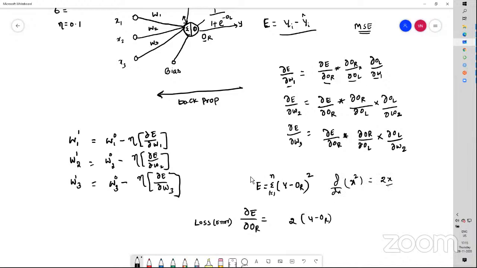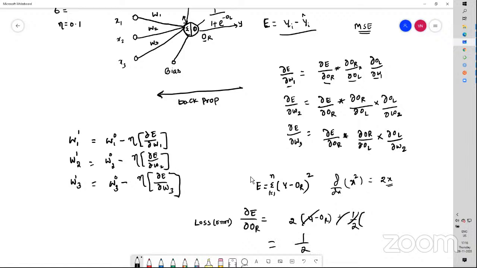We write this as 2x, right? Then again, we would be deriving this for y minus OR. Just a minute, because I'm trying to recollect how to do the derivative, because it's been quite some time since I applied derivatives myself. My mistake.